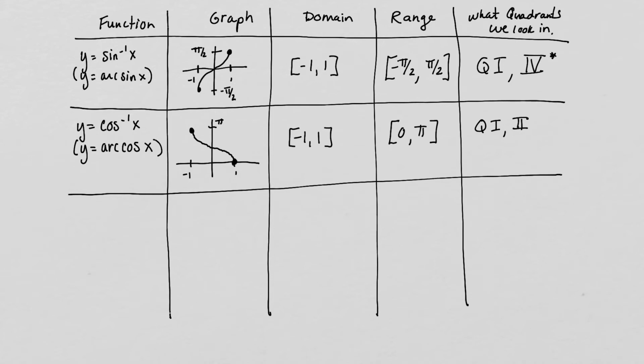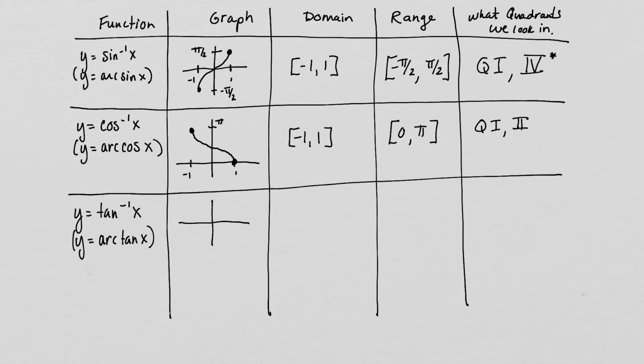The next one we're going to look at is y equals the inverse tangent of x, or y equals arc tan x. Remember the tangent graph had asymptotes at intervals of pi over 2.